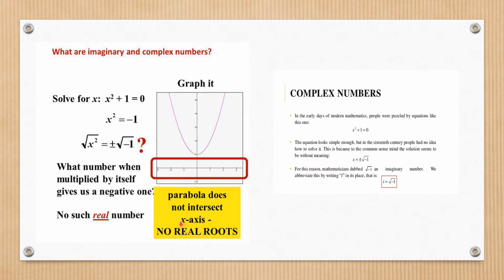So for solving it, under root of minus 1 was taken as an imaginary number and we call it iota, denoted by small i. That means i is equal to under root of minus 1, called iota.